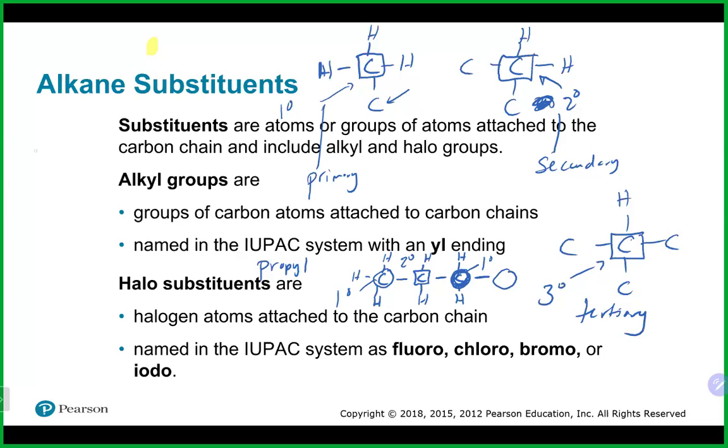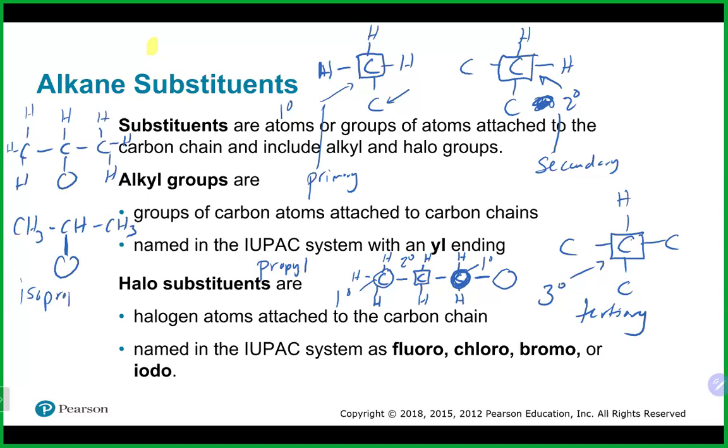And if it attached through its secondary carbon, it would attach, say, here, and this creates that CH3, CH3 group where the attachment is happening at that secondary carbon. And this actually has a special name. This is what is known as an isopropyl group. And that's a historical name that's still used today. It's because it's not attaching at the end, which is a primary carbon. It's actually attaching through the secondary carbon.